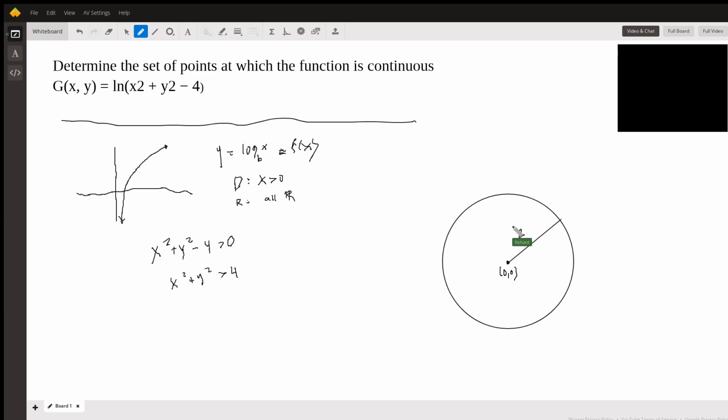And so the solution region is, if we express it as an inequality, or I should say the function is not continuous here because it's not defined.